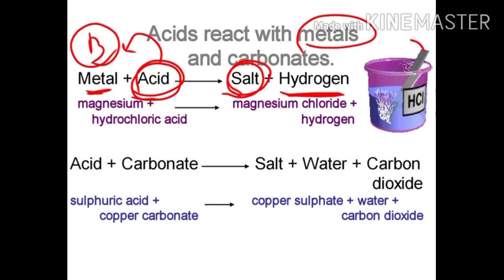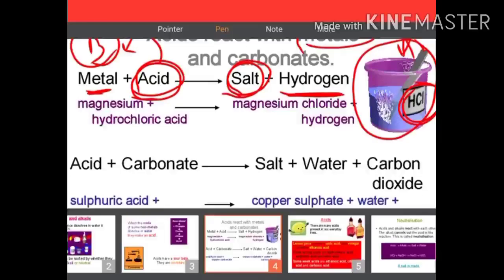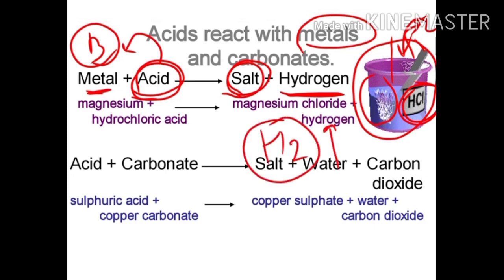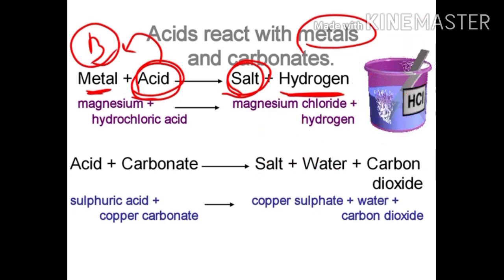You can see one example given over here. I have taken a zinc rod, and hydrochloric acid is taken in this. If the zinc rod or zinc dust is put in the hydrochloric acid, you can see bubbles of gas coming out, and that is hydrogen gas. Now the big question arises again: sir, how can you say this gas is hydrogen gas?